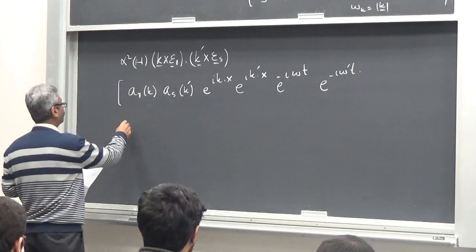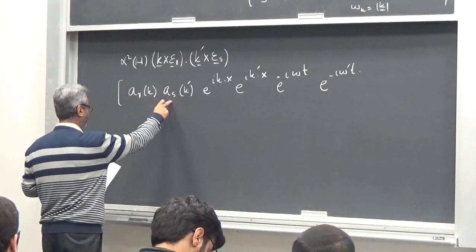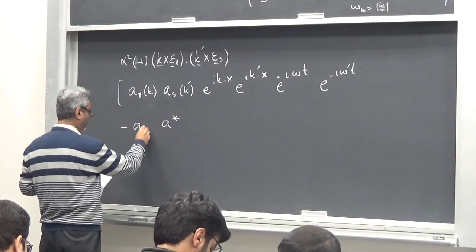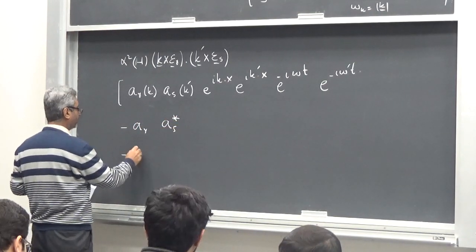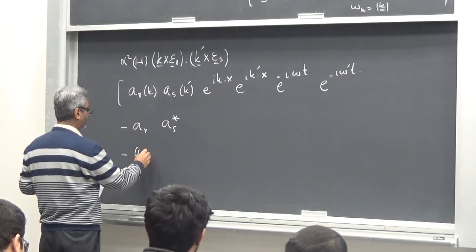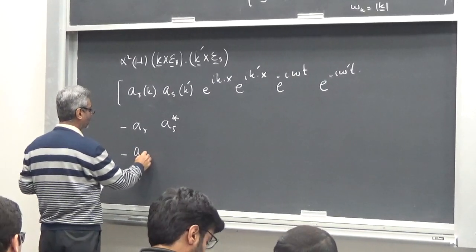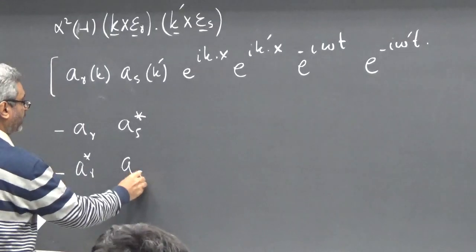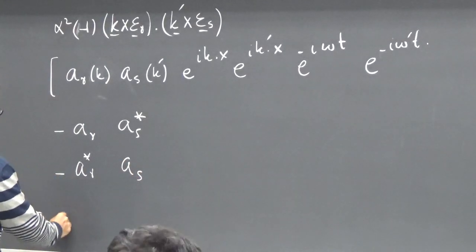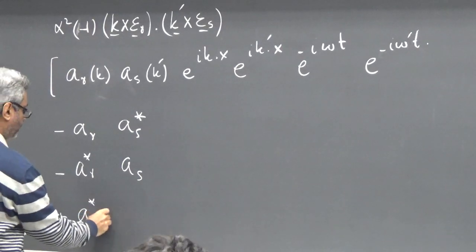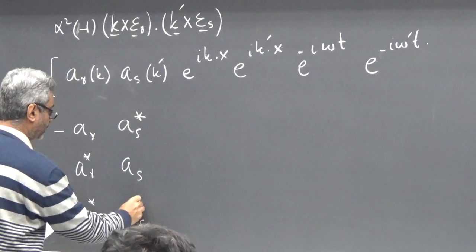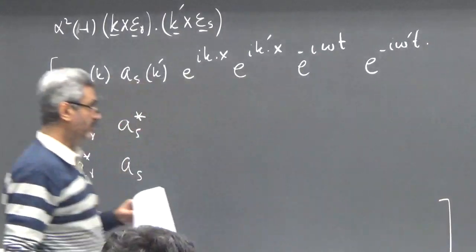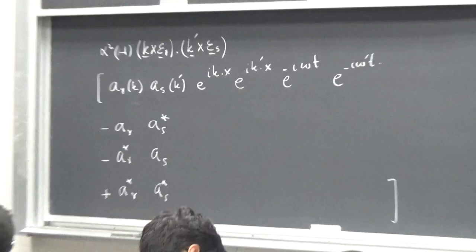And then this is going to be with a plus sign, then there is an A with a star, RS, then minus a star with AS, and then plus an A star with an A star, right? And so there are going to be all these terms. Okay?